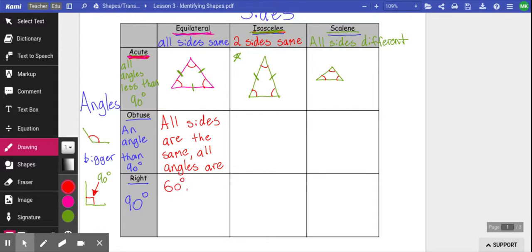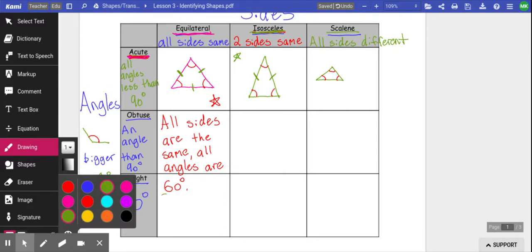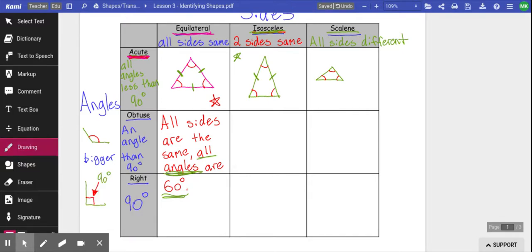So if we had to draw an equilateral triangle, the only equilateral triangle we can build is actually an acute one, because in an equilateral triangle, all angles have to be 60 degrees. So we actually can't draw an equilateral obtuse, and we can't draw an equilateral right angle.